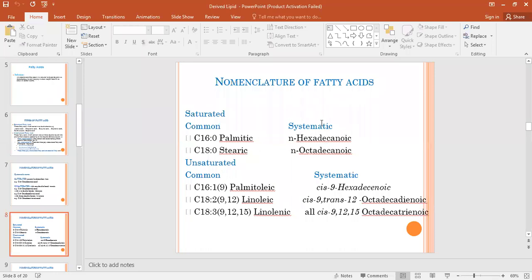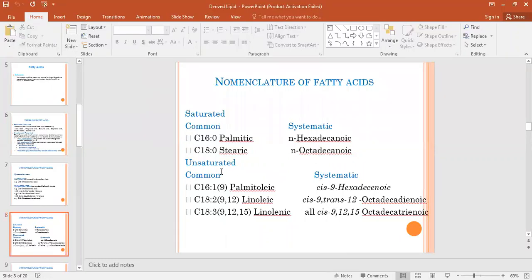C18:0 shows that they have no double bond. Stearic acid in the systemic system, their name is n-octadecanoic acid.